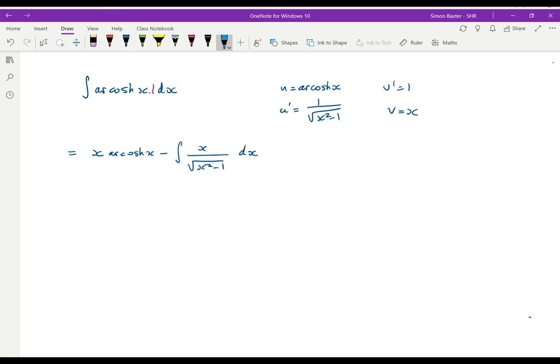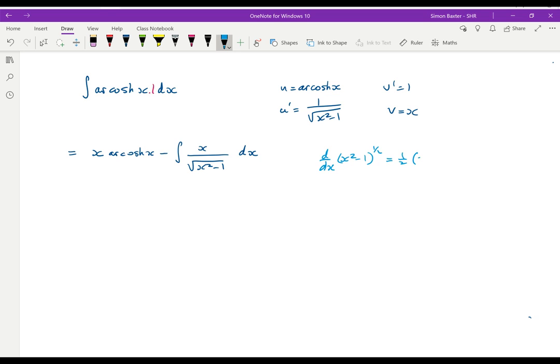This looks like u to the minus half times du by dx, if we forget the numbers. So we should look at differentiating x squared minus 1 to the half to find out what's happening.